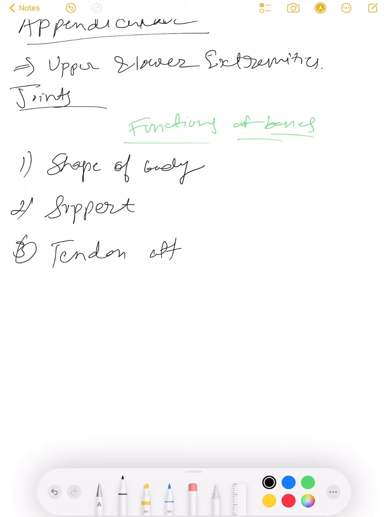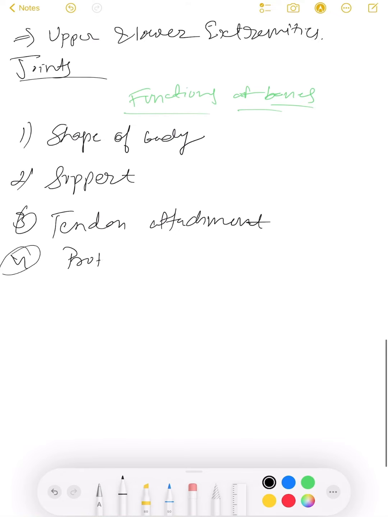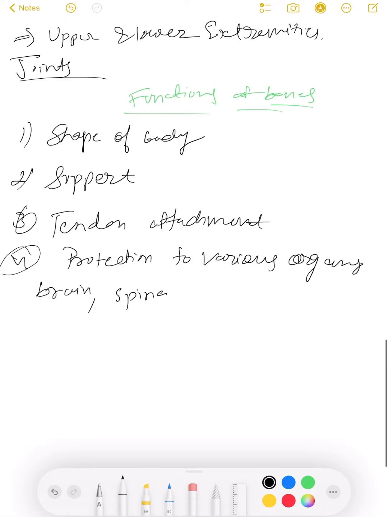Bone provides tendon attachment. The fourth is protection to various organs, like brain, spinal cord, lungs, heart. You will be thinking how bones provide protection to lungs and heart.